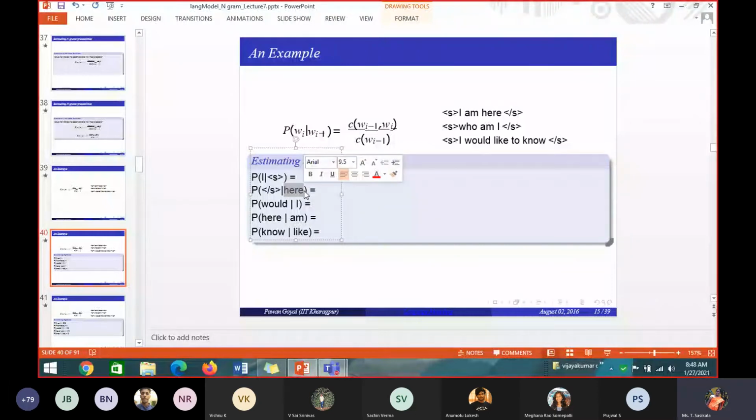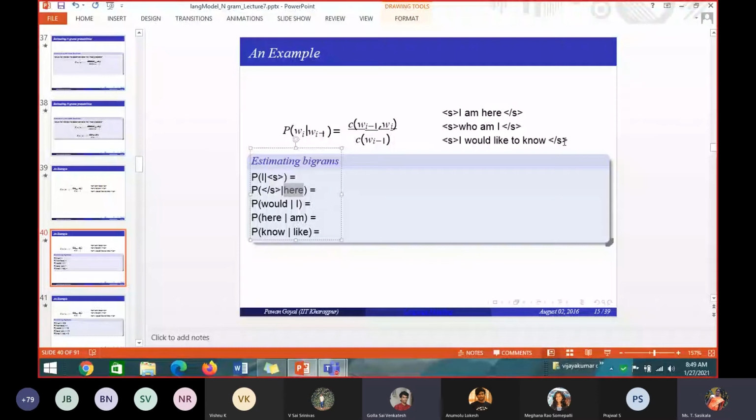The previous word before end of the sentence is what? Here. So what is the probability that slash s, the end of the sentence, comes given here? In your corpus, how many end of the sentence do you have? 3.